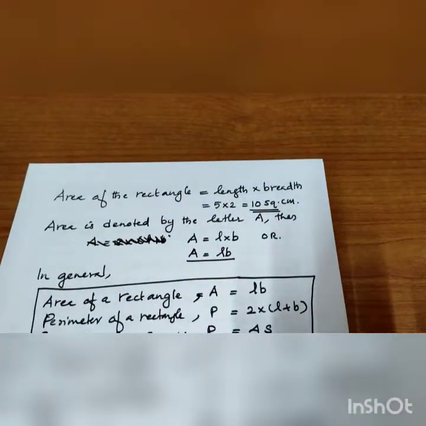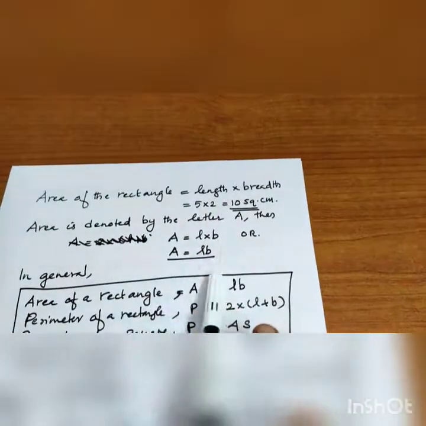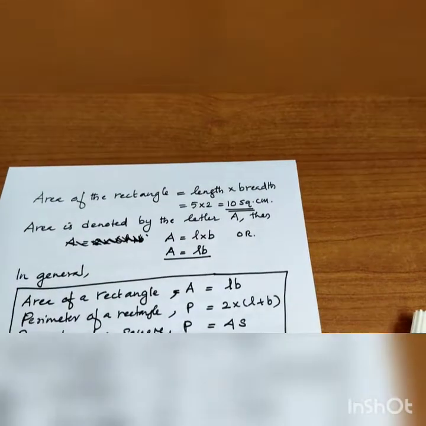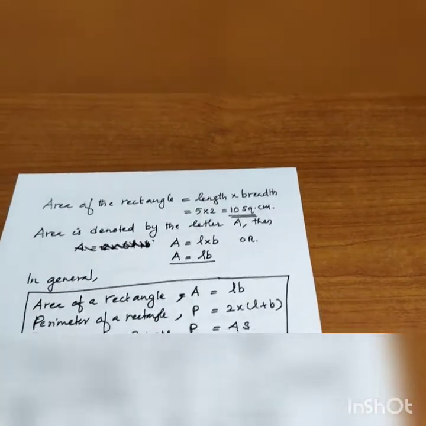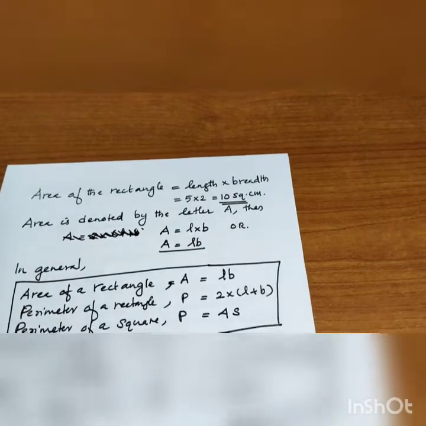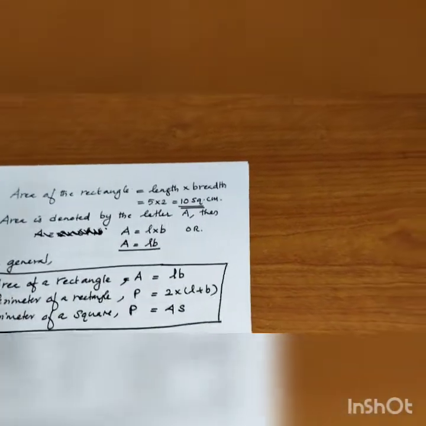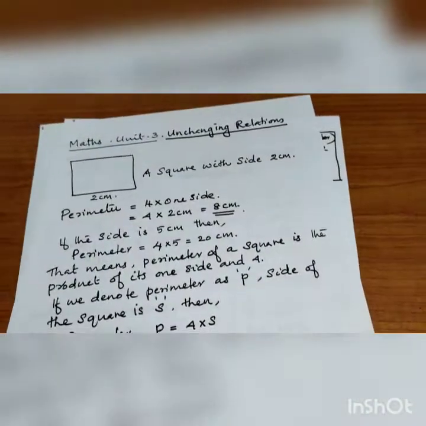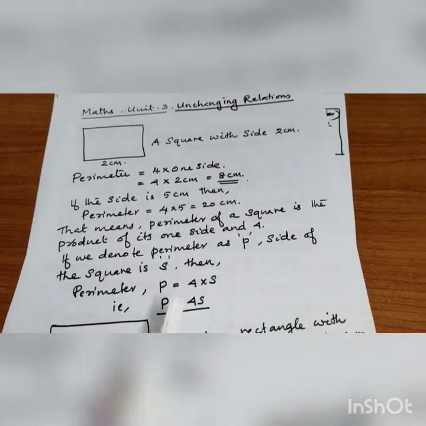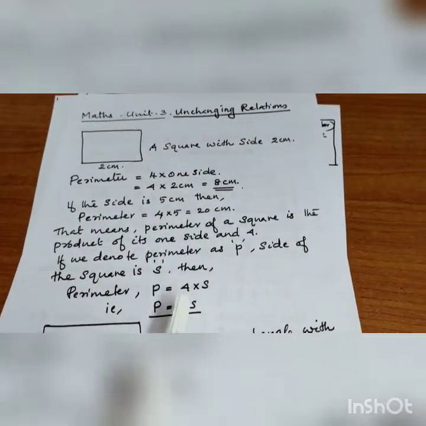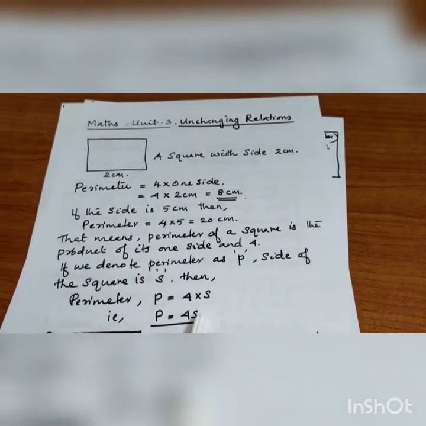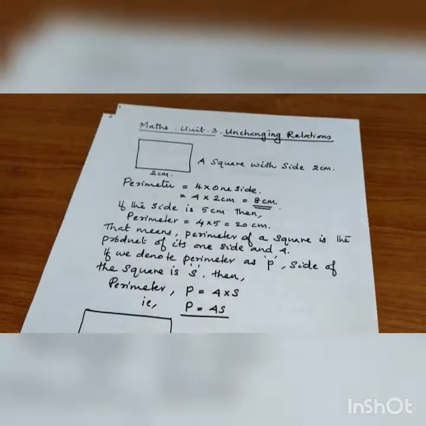We can join two letters, and one letter and one number. But we cannot join two numbers. For example, we can write 4S. That means 4 into S. The operation between a number and a letter is multiplication.